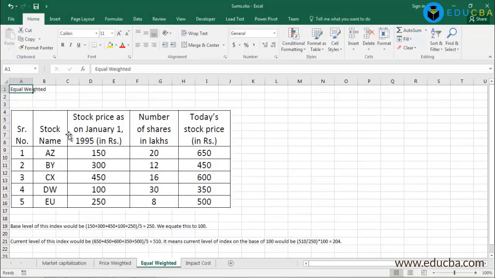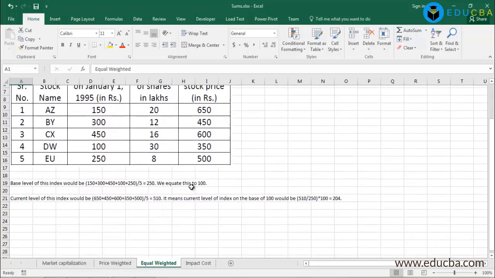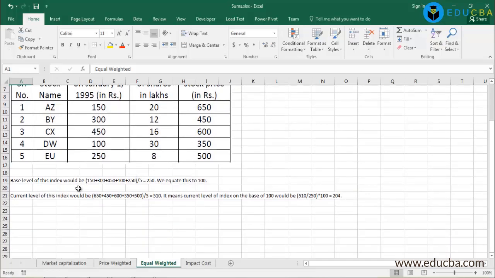Let's take a look at the example, in case it's not explanatory. Equal weighted. So if you see those 5 examples, the price of share, number of shares, and today's price. Now the base level would be 150 plus 300 plus 450 plus 100 plus 250, divided by 5, because the weights are equal.